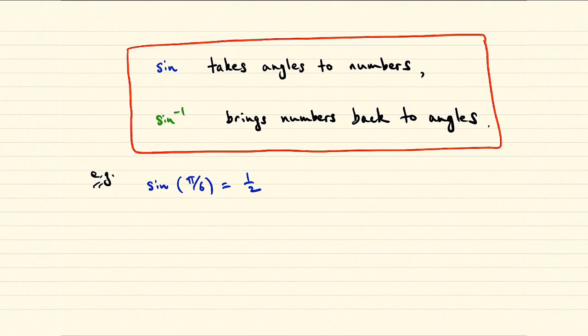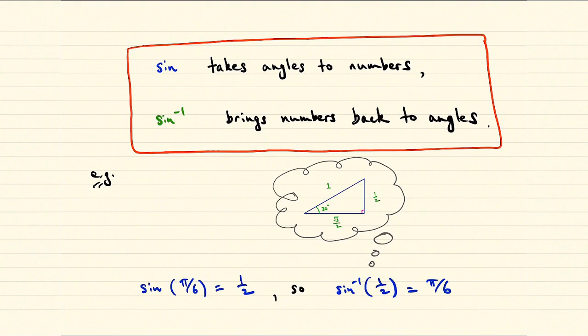For example, sine of 30 degrees, or sine of π/6 radians, is a half. So inverse sine of a half gets you back to 30 degrees or π/6 radians. Maybe you conjure up in your mind an image of a 30-degree right-angled triangle with opposite side length 1/2.